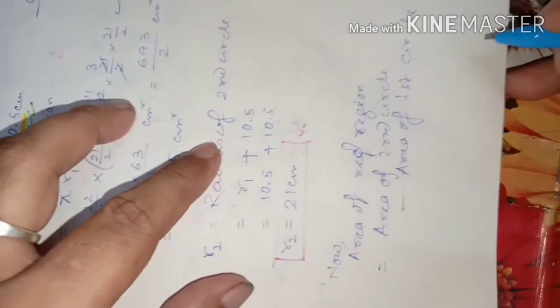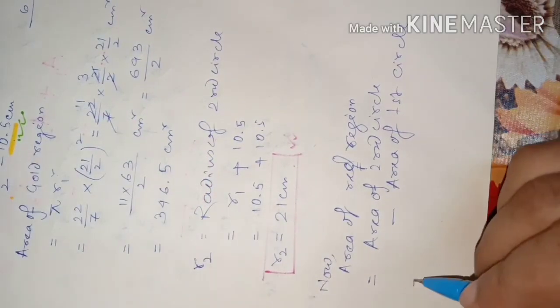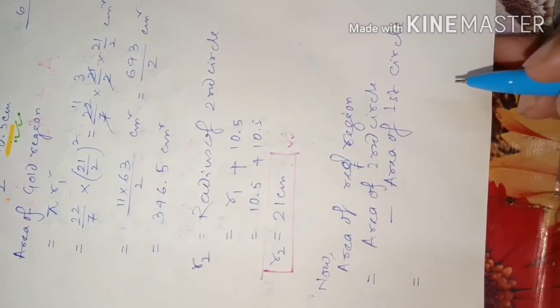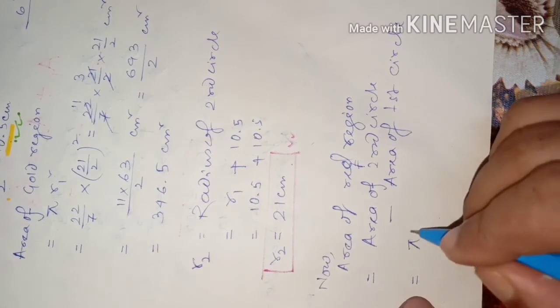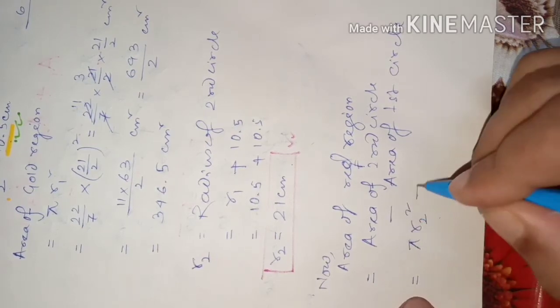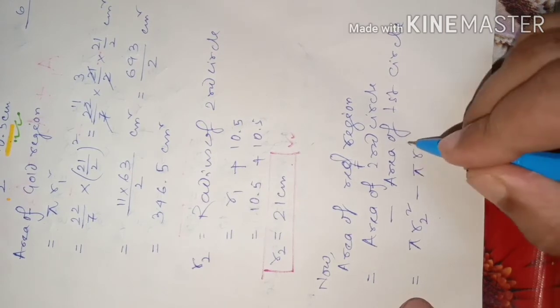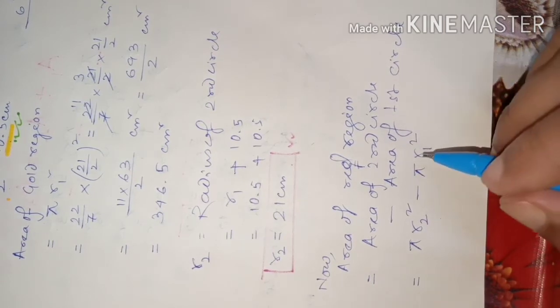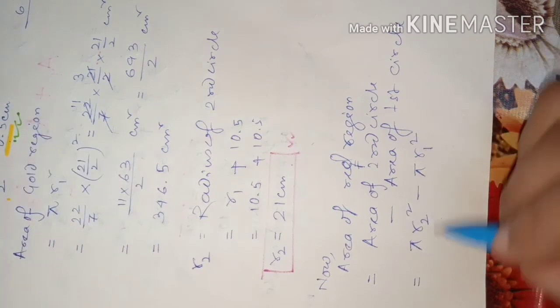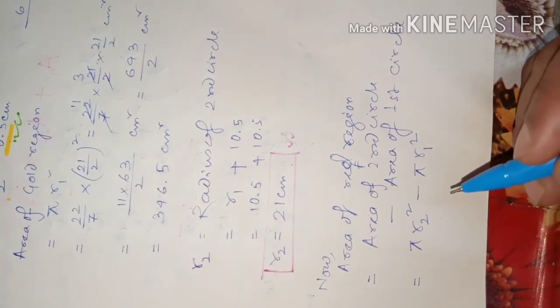So the area of the second circle is pi r2 square, minus the area of the first circle, pi r1 square. I am not putting the value directly, I am just showing you this way. You can proceed this way.